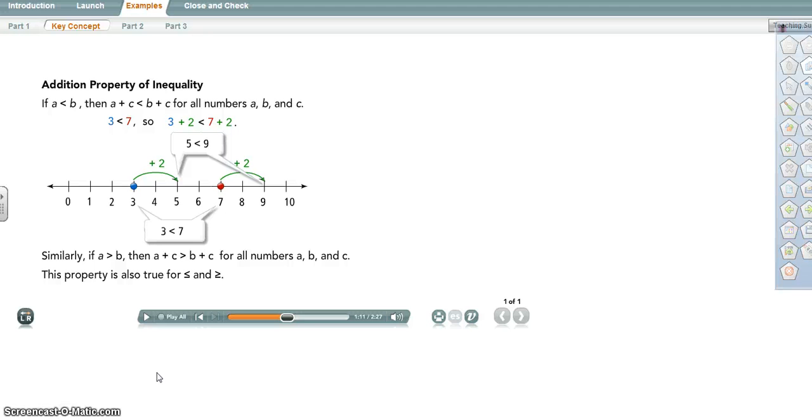Same thing with inequalities. We're allowed to add a value to both sides of the inequality and it will still remain that same inequality. Even though we added 2 to 3, as long as we also added 2 to 7, we can rest assured that our answer will still be less than this second answer.